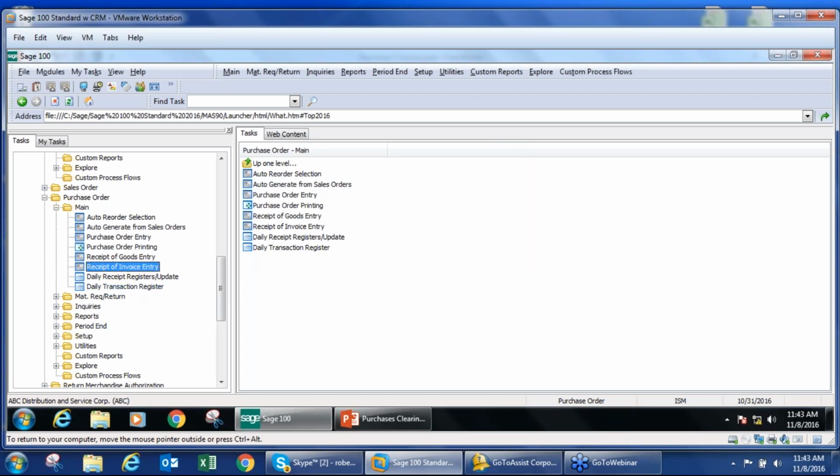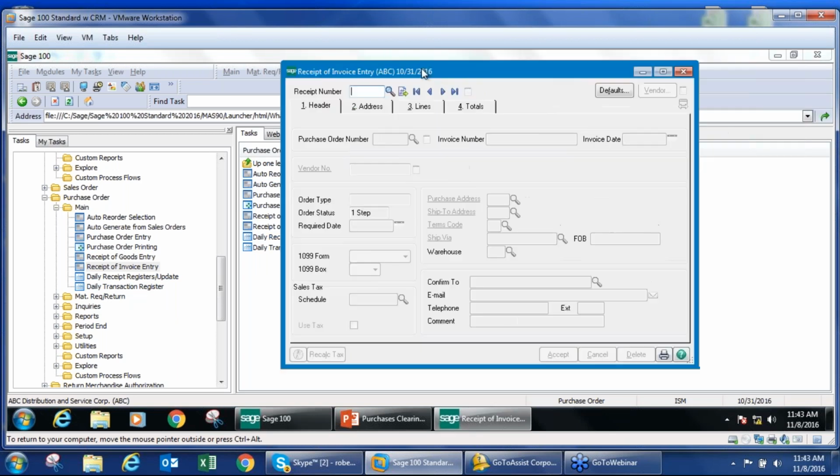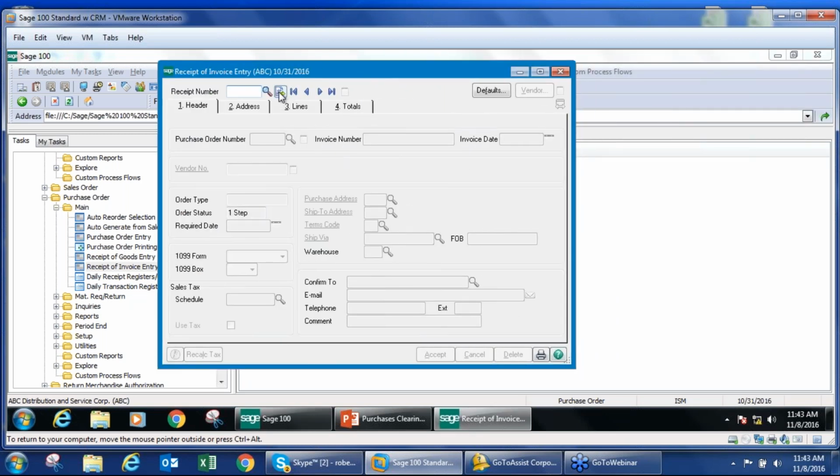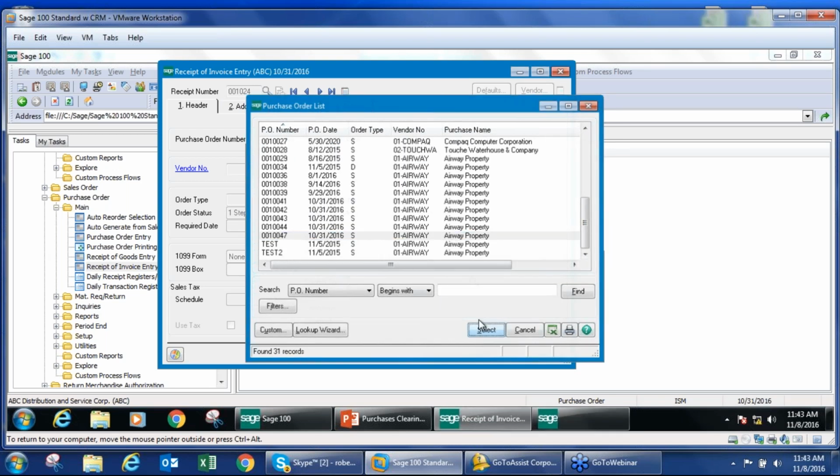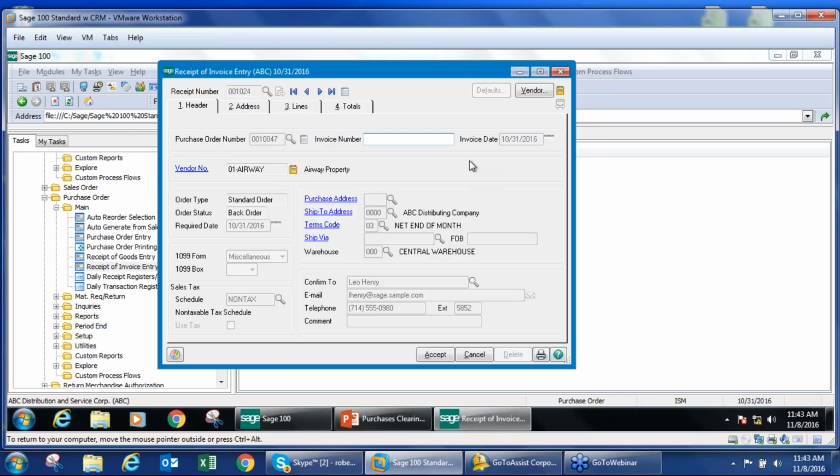Subsequently, 2 weeks later, the invoice comes in from the vendor, and we get ready to process a receipt of invoice. The beauty of Sage is the screens look fairly similar, so it's very easy for us to replicate what we're doing. We're going to pull up the PO number, and I'm going to put an invoice number.